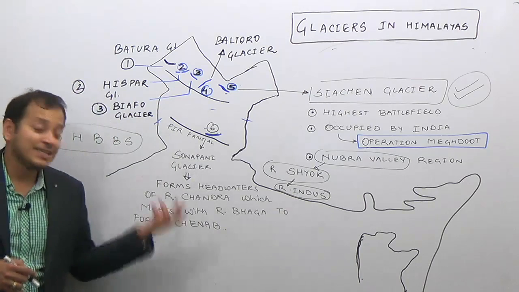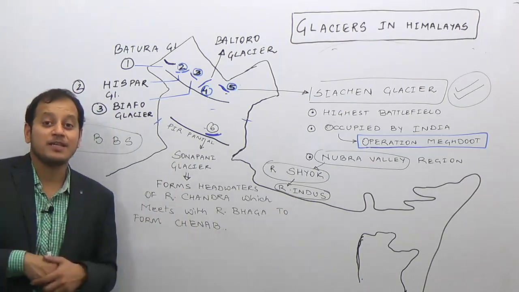So you see here, Chandra and Bhaga, these two rivers form the Chenab River.